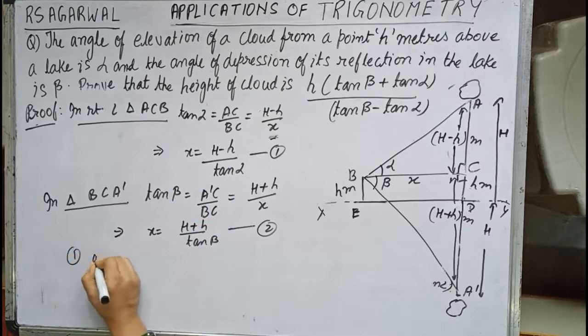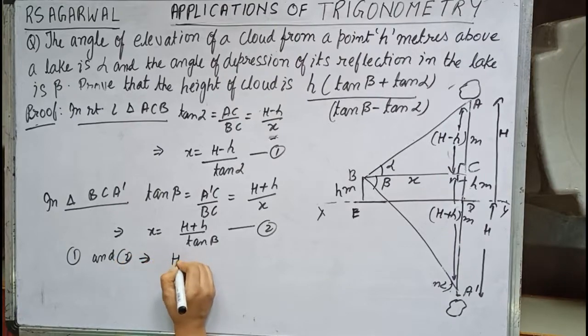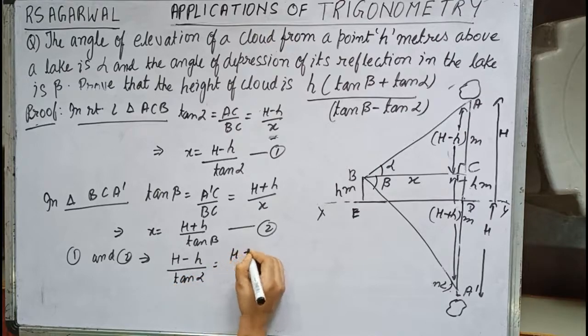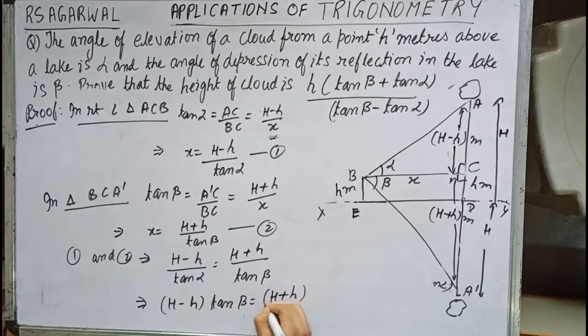So 1 and 2 imply capital H minus small h by tan alpha equals capital H plus small h by tan beta. Now cross multiply. Capital H minus small h times tan beta equals capital H plus small h times tan alpha.